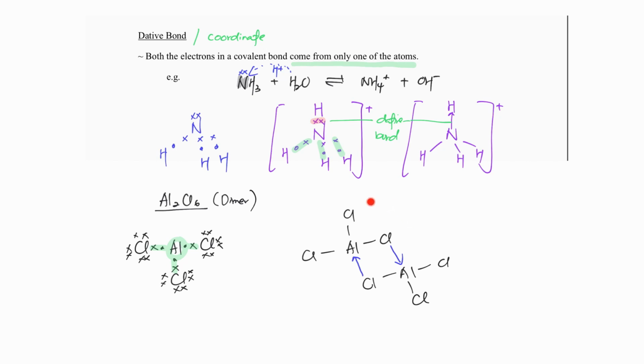And this is how we get a bigger molecule, which is Al2Cl6. We call this process dimerization. And this dimer forms because of the formation of dative bonds. That's all for dative bond. Let's go into a question.